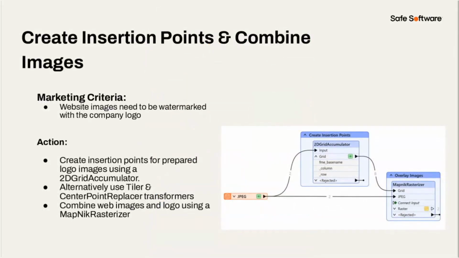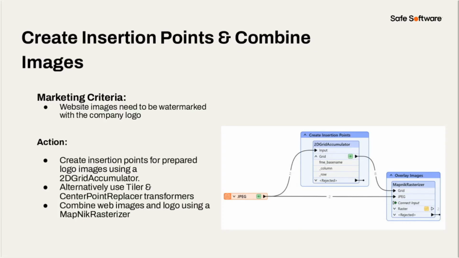So now that our logo is fully prepared, we need to overlay it on the background or web images. So first we need to create placeholders for logo locations, meaning we need to create a point in each location where we want the logo overlaid. There are lots of ways that this can be done. We're going to demonstrate the 2D grid accumulator, but you could have also used a combination of the tiler and center point replacer.